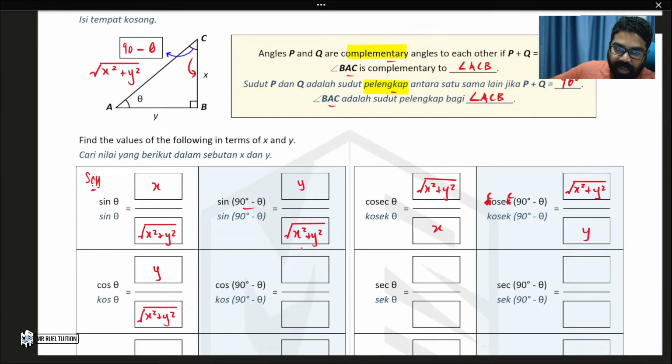So this will be x over punca kuasa 2, x square plus y square. Got it? Okay. And then secant is the reciprocal of cos. Secant adalah salingan bagi cos. So secant of theta will be reciprocal of cos, iaitu square root of x square plus y square bahagi y, divided by y.